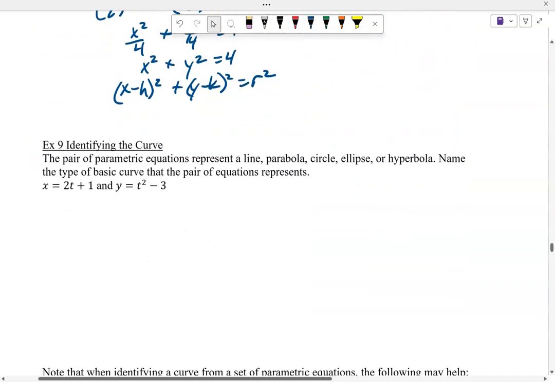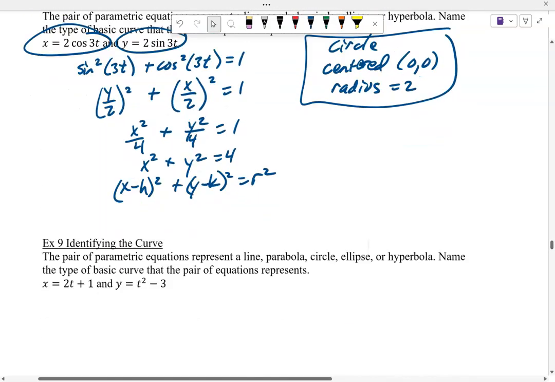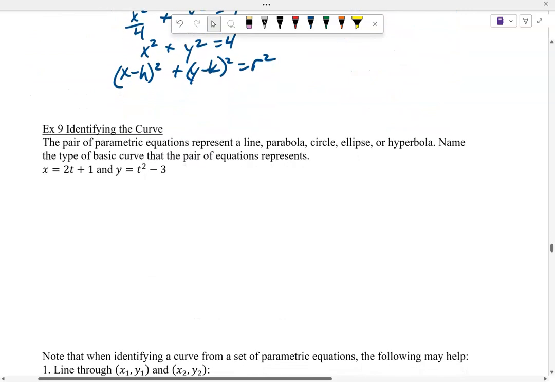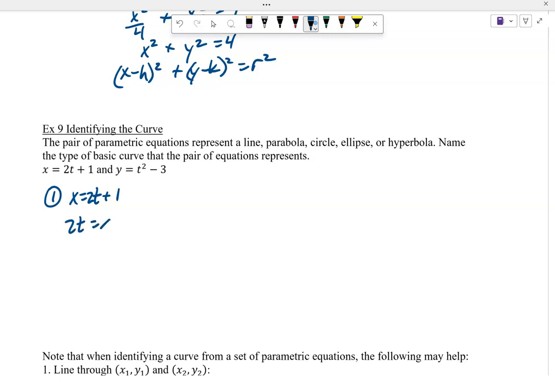Do another one here. Now notice this one, it's not like we have sines and cosines. We have x equals 2t plus 1. So I'm going to take that equation and solve for t. I subtract 1 from both sides. So I have 2t equals x minus 1. So t equals x minus 1 all over 2. And then I'm going to substitute it into this t squared minus 3.